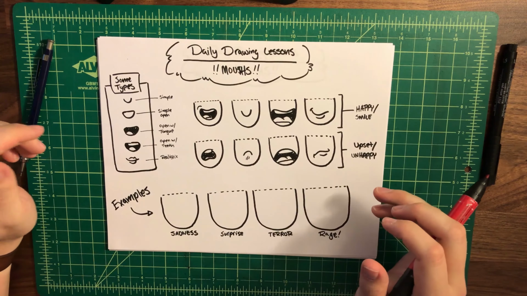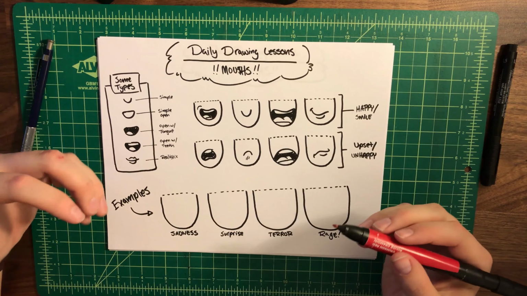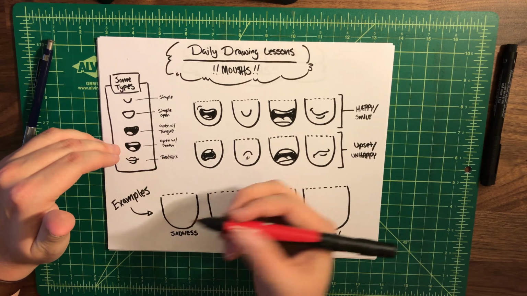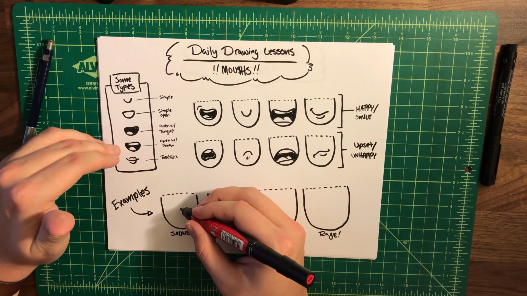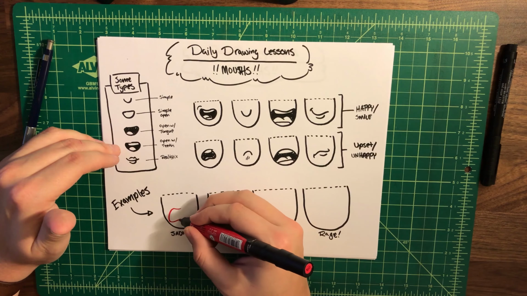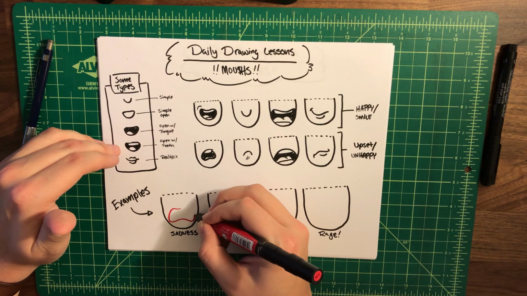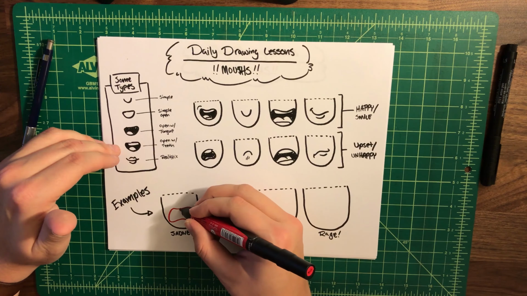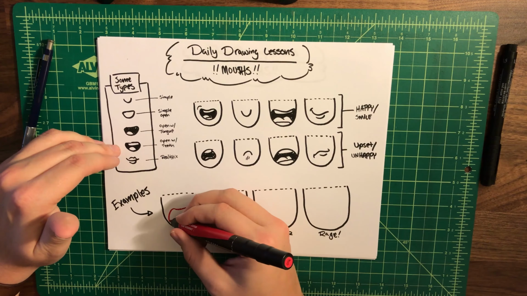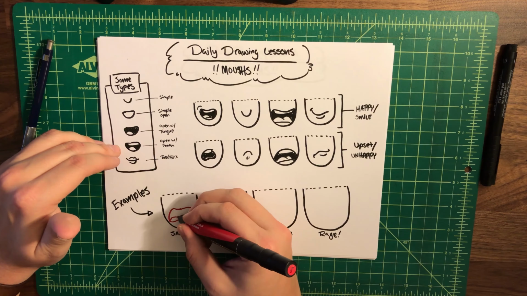So for the first one, for sadness, hopefully this marker is going to work right, but we're going to do this shape here. So this person's not only sad, but they're wailing. They're just like, oh my God, what is going on?